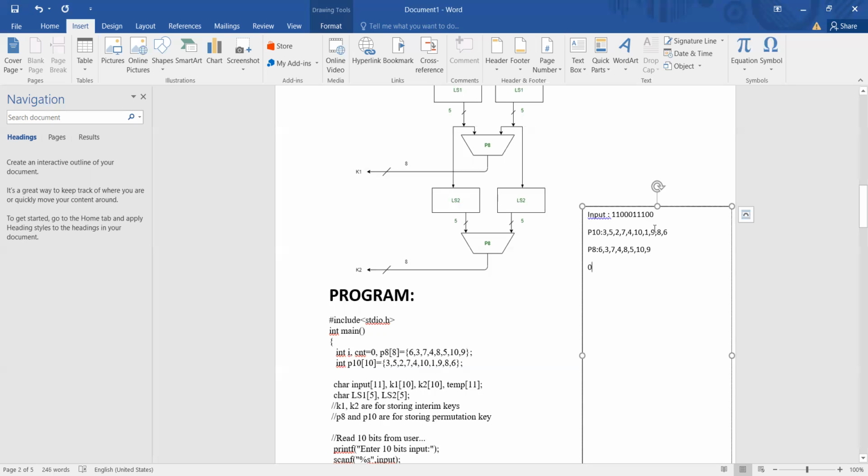Here in the input I have 0, and next, the fifth position has 1, and counting 1, 2, 3, 4, 5, we have 0.